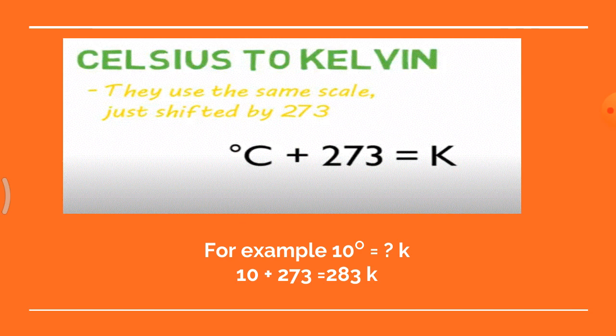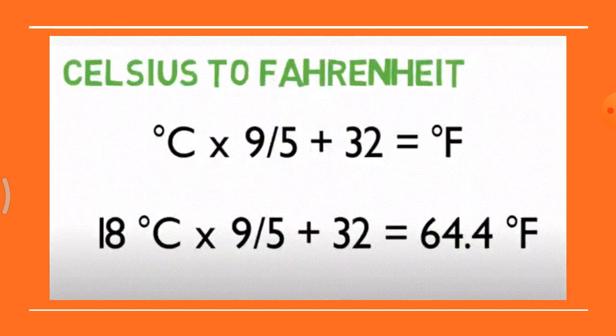Simply we have to add 273 to the 10. Then we will get 283 Kelvin. In this way we can convert Celsius to Kelvin. To the Celsius temperature, we have to add 273, then we get the Kelvin temperature.